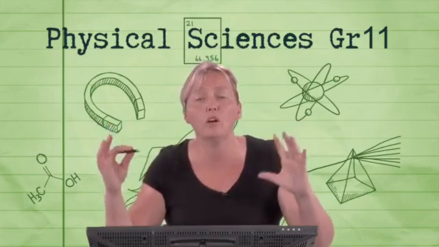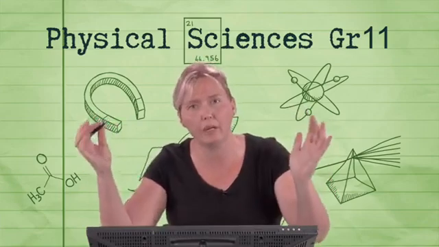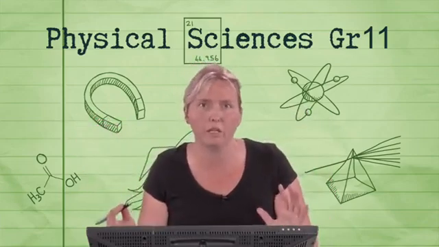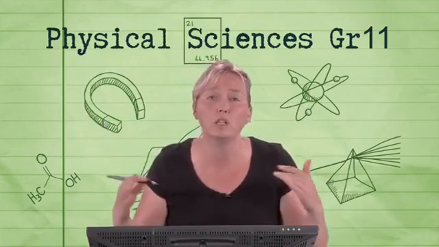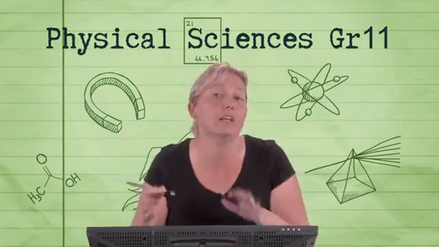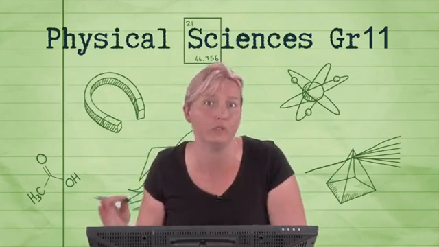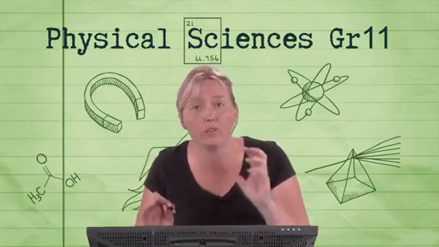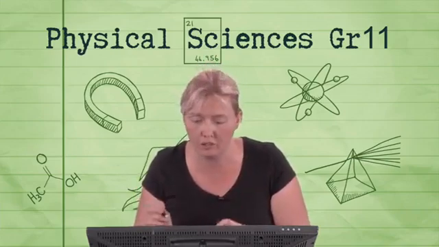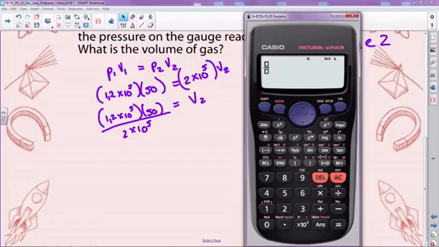Put everything that you need on the top line of your fraction in a bracket and then divide it by something else, okay? It just makes your equation cleaner, neater, and the calculator then knows exactly what to do first, okay? We've got the Casio here, so we're going to go with the fraction function. And on our top line, I'm going to use 1.2.